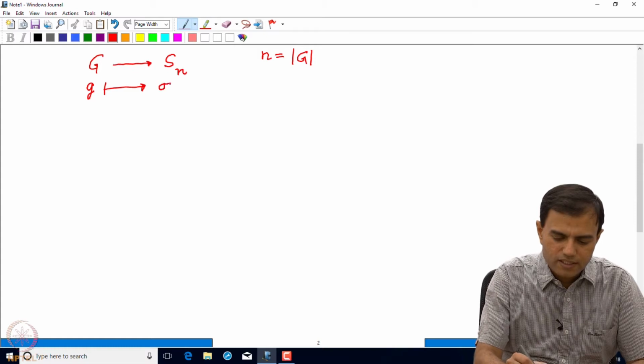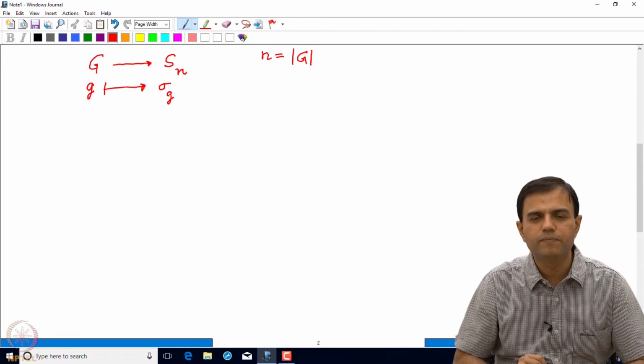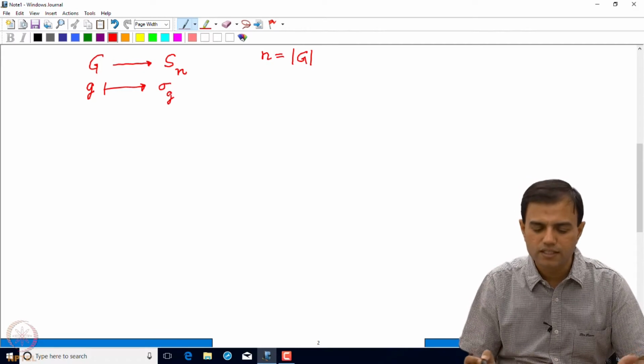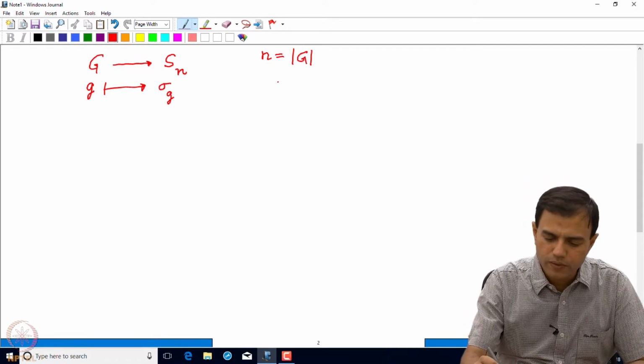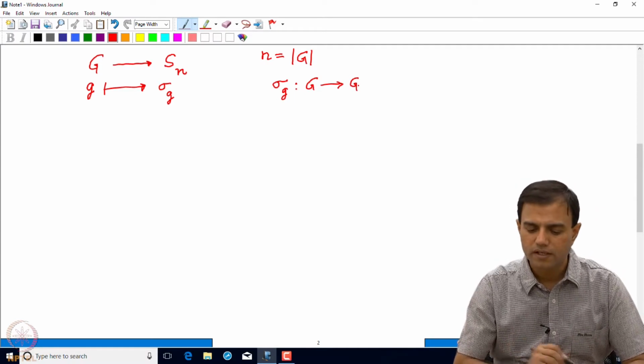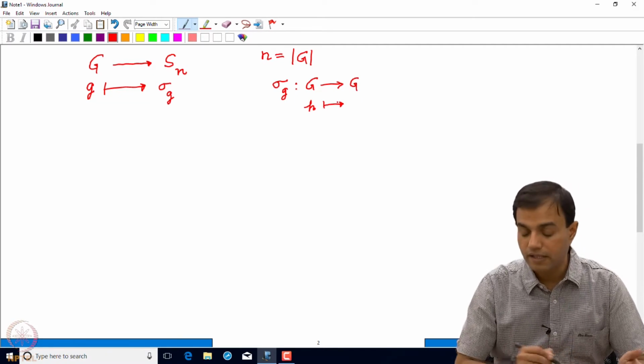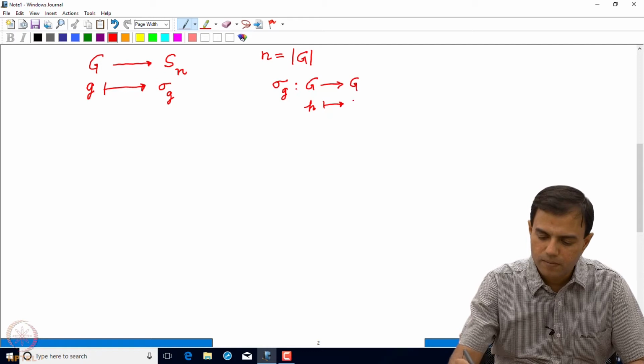Let me just say that g goes to a permutation sigma g. A permutation is of n symbols. So what do I do? How do I define sigma? So sigma g is going to be a permutation, that is a bijection on G. And how do you give a bijection on a group using an element? Well, one way is you just permute in this fashion.